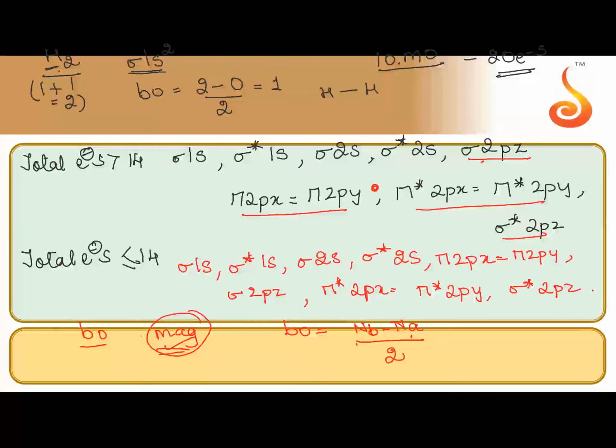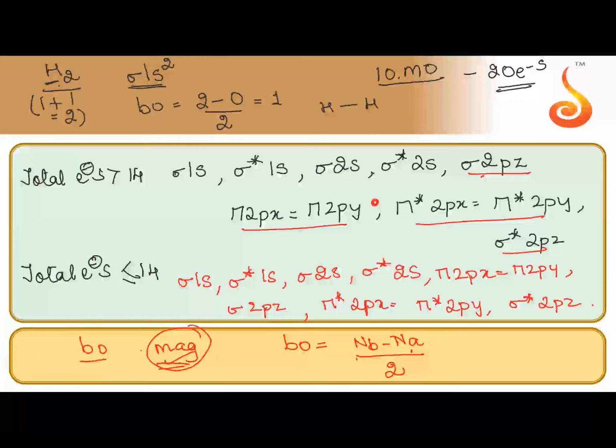Okay, so question here is, yesterday we calculated bond order using another formula. Yesterday we did different molecules. Those molecules were not diatomic. They didn't have 2 atoms. Did you understand when to apply molecular orbital theory? Molecular orbital theory is applied when we use H2 or N2 or O2 or NO, CO. Only 2 atoms are there.